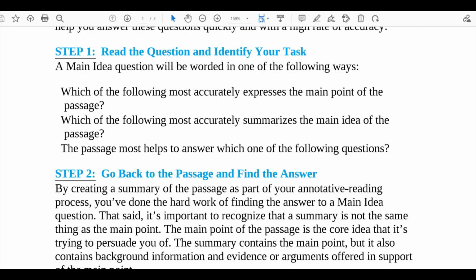And the last, the passage most helps to answer which one of the following questions. So, the highlighted expressions here are: which of the following most accurately expresses or summarizes. Let's go to the second step.